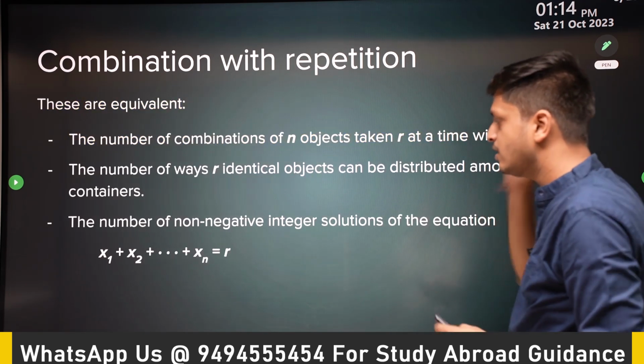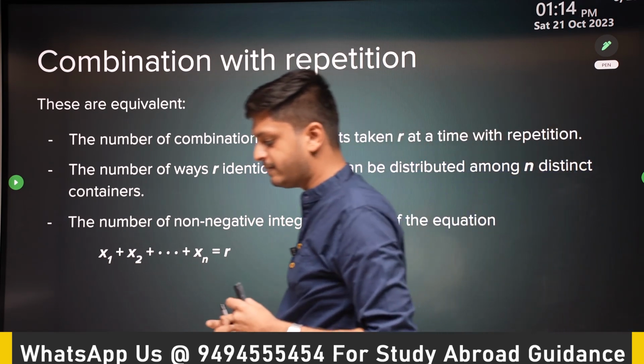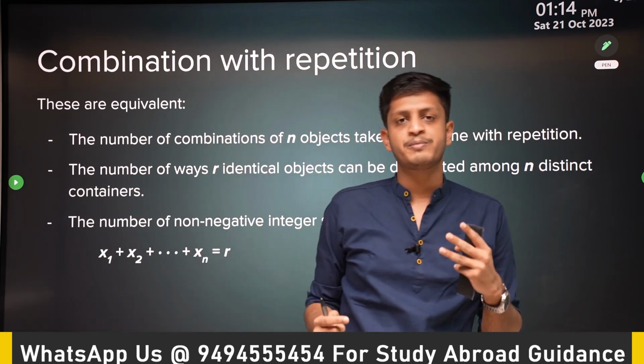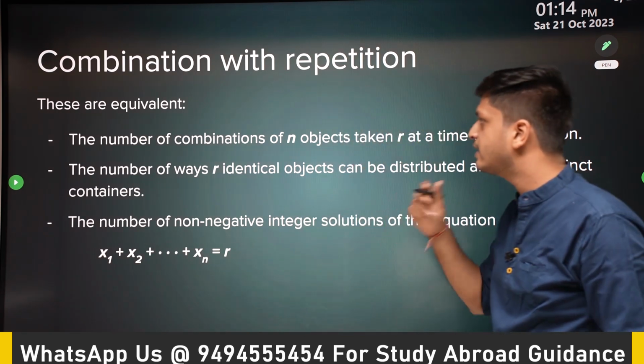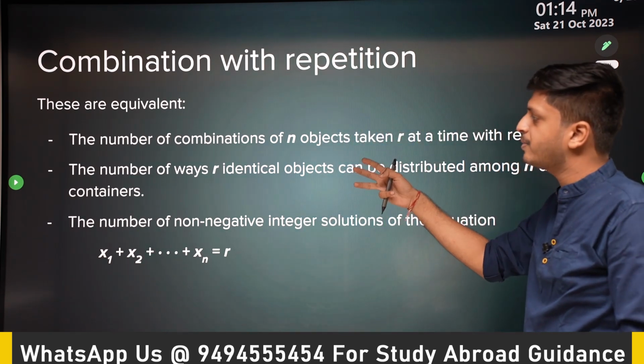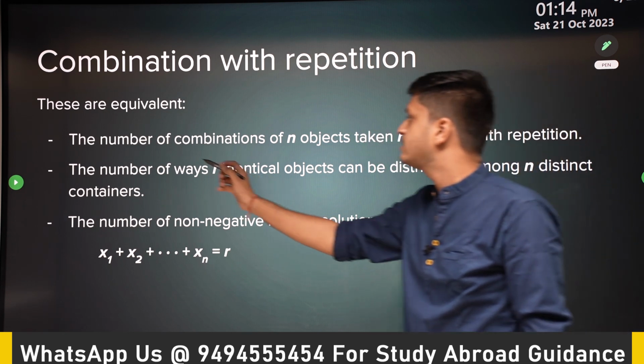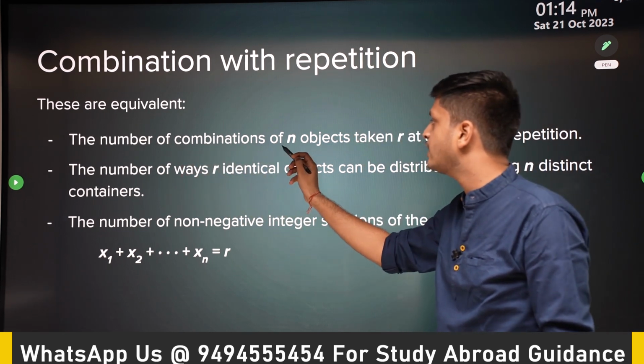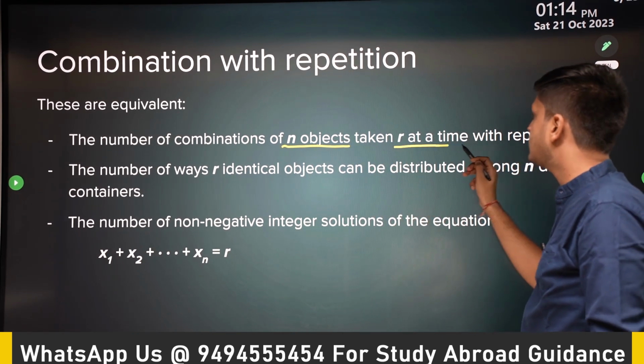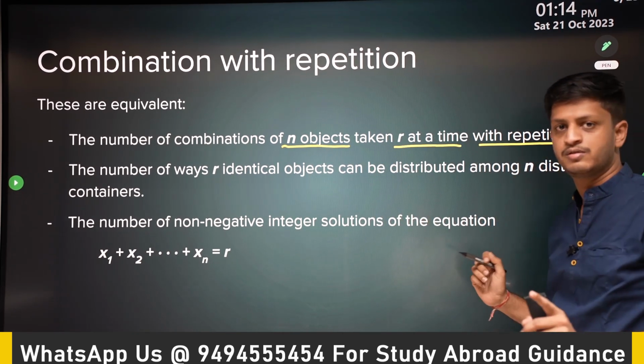Okay. So before going to the formula, these three problem statements are equivalent. So I will read this out. These three problem statements all denote combination with repetition. So first is the number of combinations of n objects taken r at a time with repetition allowed.